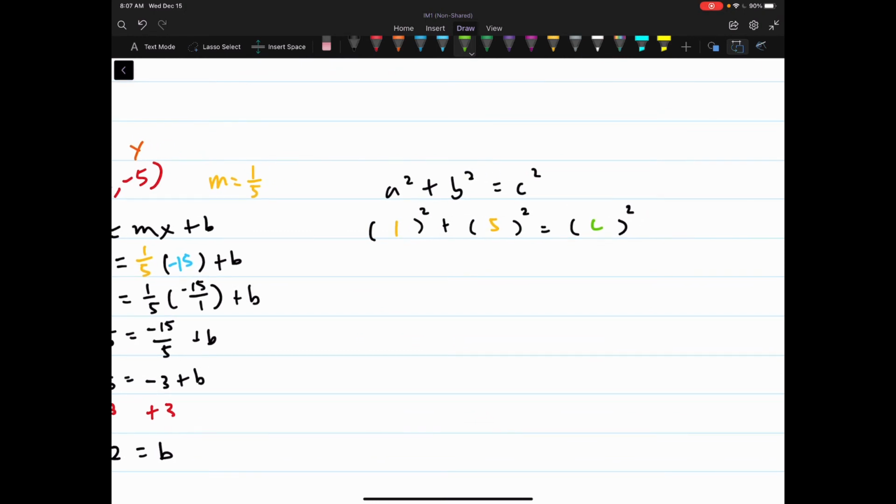So 1 squared is just 1, 5 squared is 25, and 1 plus 25 is 26, which is equal to c squared. I'm going to take the square root on both sides, and then the square root of 26 is equal to c.